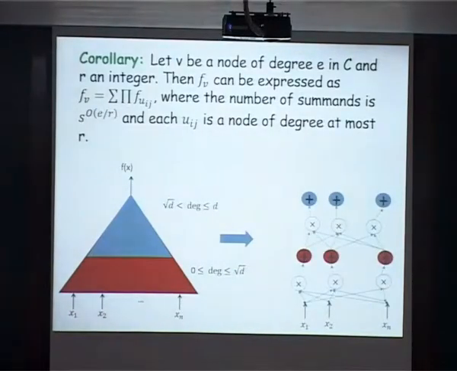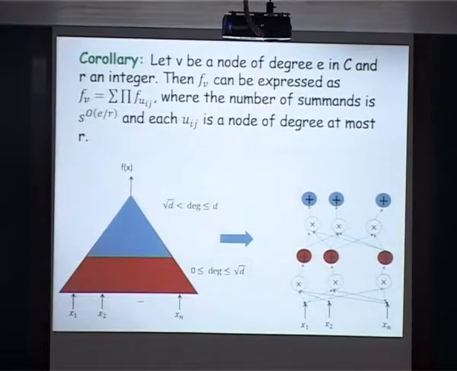So now do the following. For every red node, let's make a depth 4 circuit. For every red node in the original circuit, put a red node at level 2 of this new depth 4 circuit. There's a 1-1 correspondence here. Just write the polynomial computed at each node here as a sum of products of the input nodes.